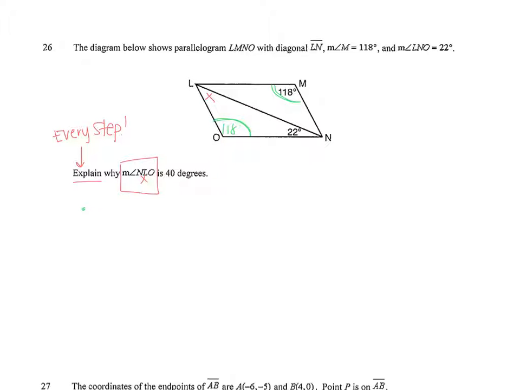So first step, measure of angle NOL equals 118 because opposite angles are congruent in a parallelogram. Notice how I just used the parallel symbol right here and then said ogram.